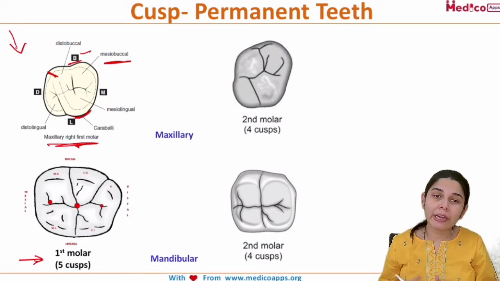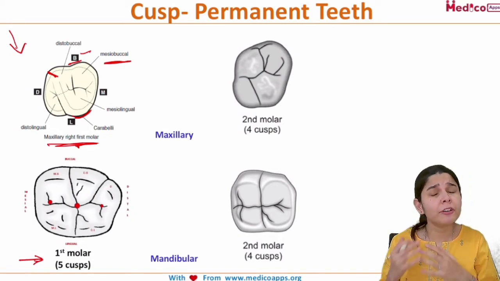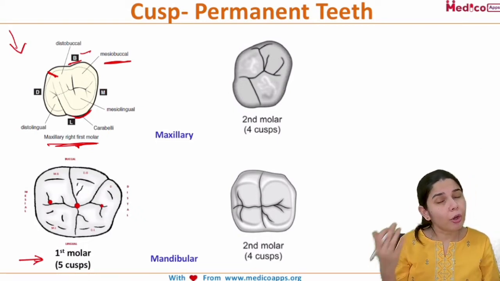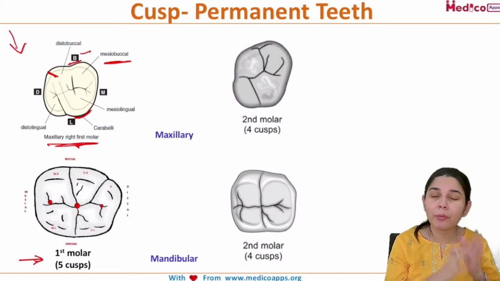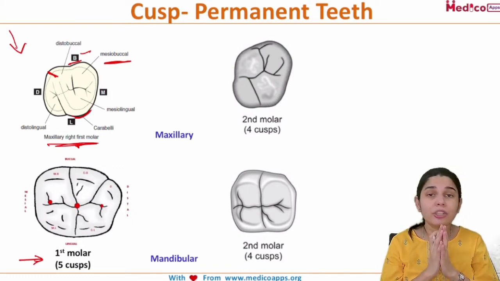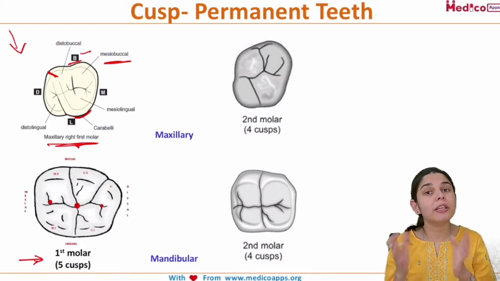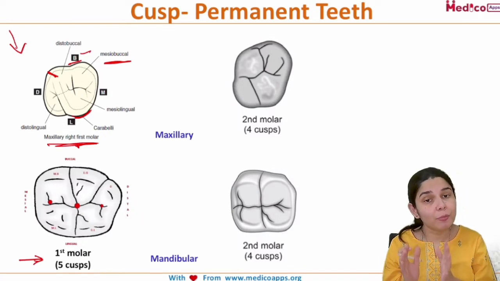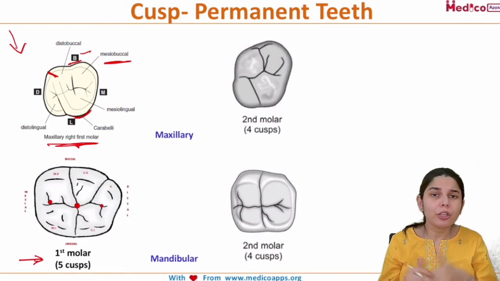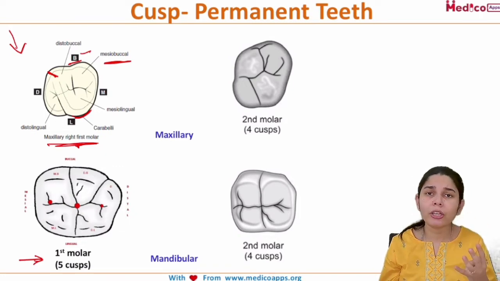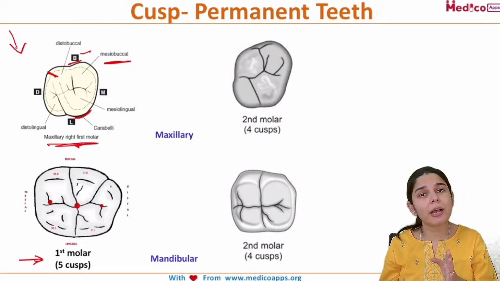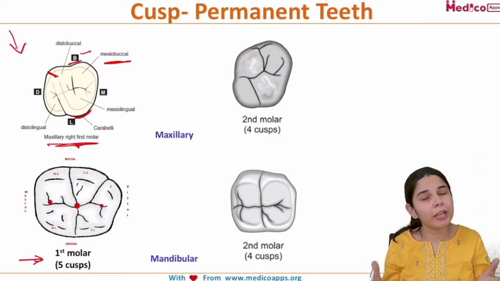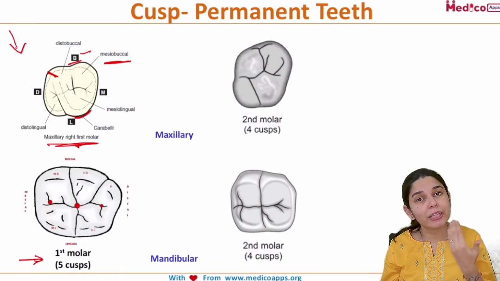Now, moving ahead with the mandibular first molar, as I have told you, even this has 5 cusps. The only difference is that the mandibular first molar does not have the supplemental cusp; the cusp of Carabelli is not present. So what are the 5 cusps? The 4 cusps are similar. The only difference is that the upper one had palatal, and the lower one will be lingual because it is facing towards the tongue.